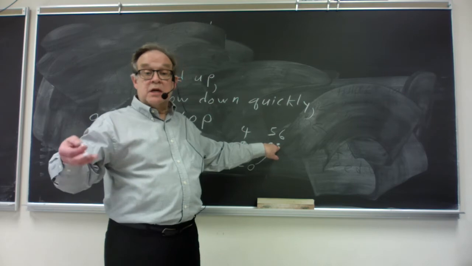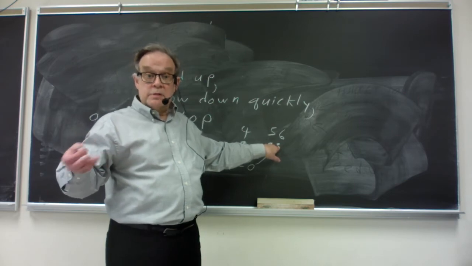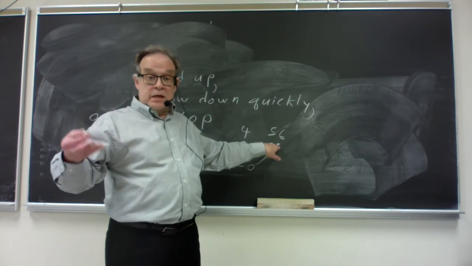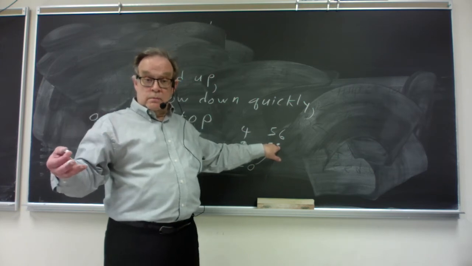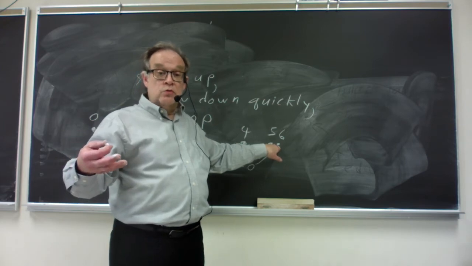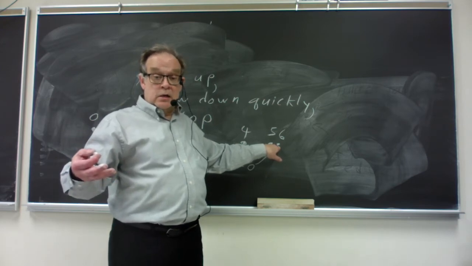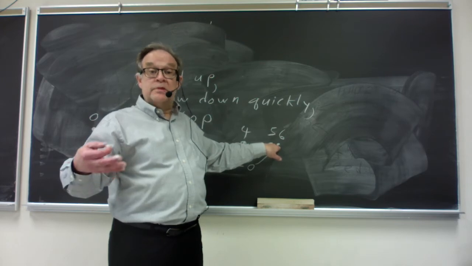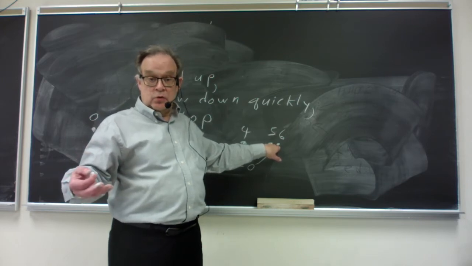And at the end of the eighth time interval, I'm still there, same location. And at the end of the 9th, 10th, 11th, 12th time interval, I'm still there. And I don't start to move again until after the 16th time interval.